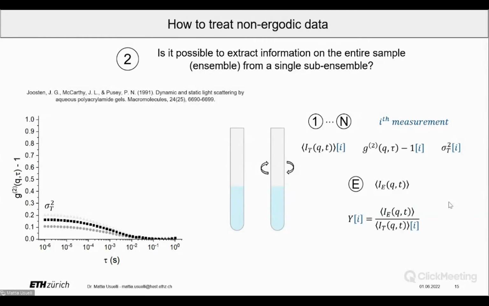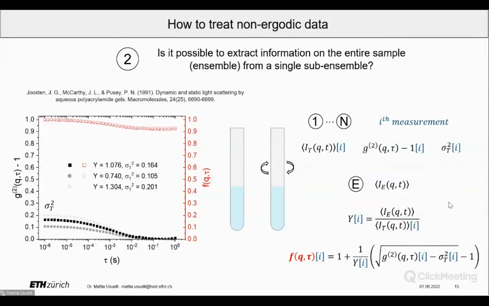Afterwards, when I perform my n measurements in specific locations and I perform my ensemble average measurements to detect the average scattered intensity, for each measurement I can take the ratio between the ensemble average scattered intensity and the time average scattered intensity of that specific measurement.